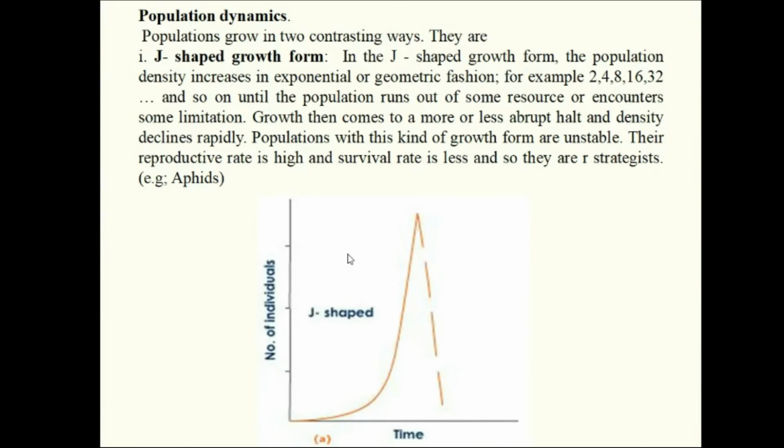Sir, why is this line zigzag? It should be one line. The declining line shown in this figure is not a proper straight line. Actually, it is only to differentiate between this is the increasing line and this is the decreasing line.